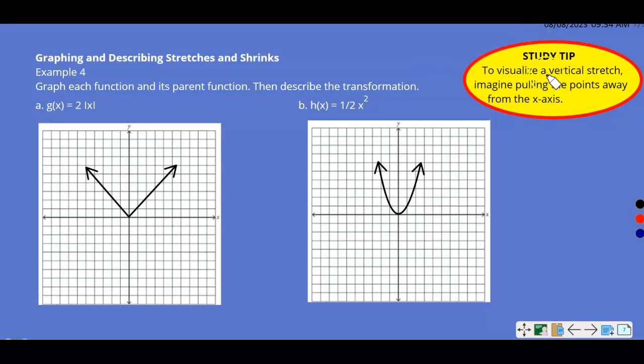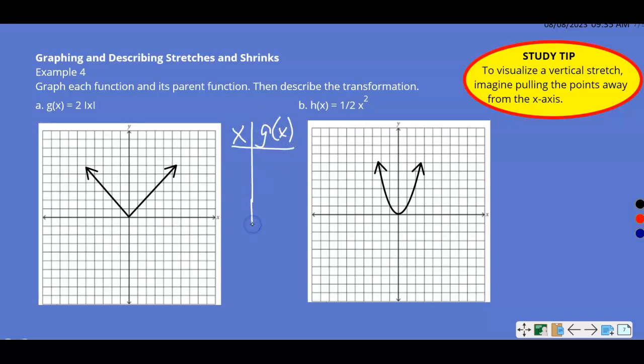Here's another study tip to visualize a vertical stretch. Imagine pulling the point away from the x-axis, so away from the x-axis. The easiest way to graph is to just pick some points. So for g of x, we pick x and solve for g of x.